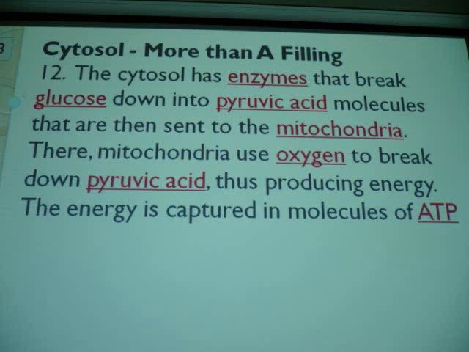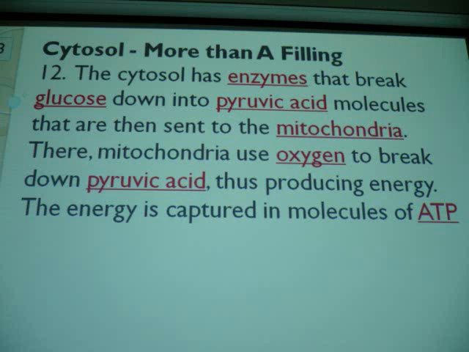And then the oxygen can take the pyruvic acid and break it down more and make tons of ATP. So most of the ATP is made in the mitochondria. Only 2 are made in the cytoplasm when you first split the glucose in half. That splitting of glucose is called glycolysis, 6 carbons being split into two 3-carbon pieces. Glycolysis burns 2 ATPs, makes 4. So you're ahead by 2 really.